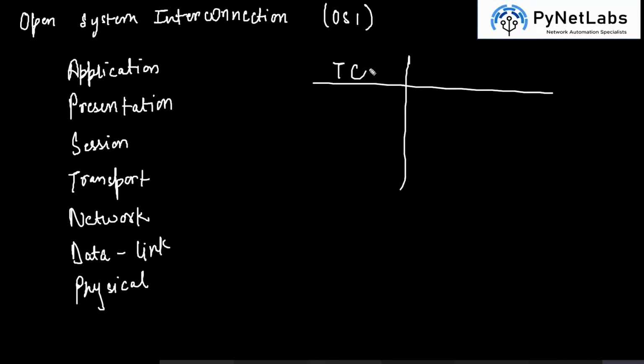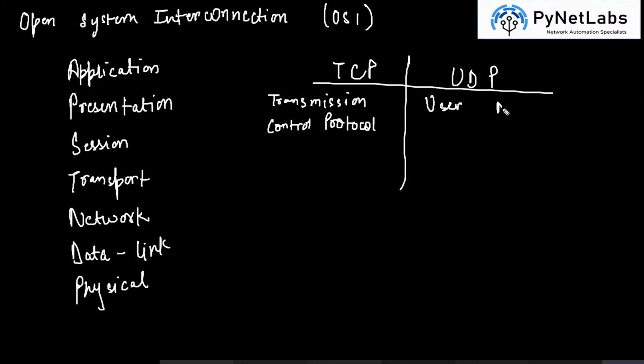Here we have the first transportation type, which is TCP, and we have UDP. This stands for Transmission Control Protocol. Then we have User Datagram Protocol.